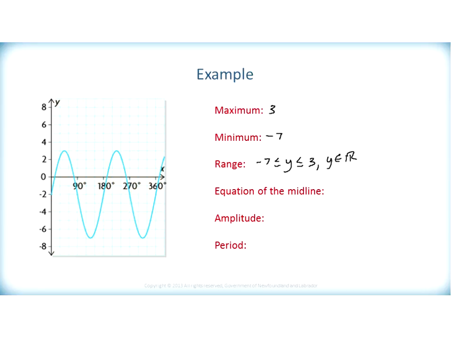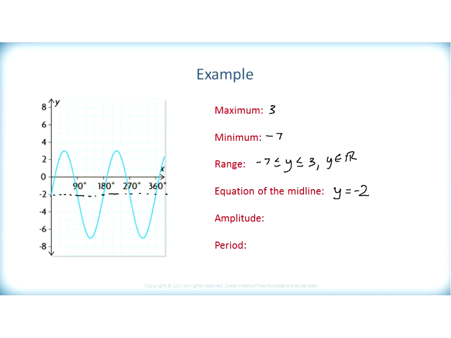So here's our midline. So let's just make sure that gives us 1, 2, 3, 4, 5 units to the max, and it gives us 1, 2, 3, 4, 5 units to the min. So the equation of our midline is y equals -2.